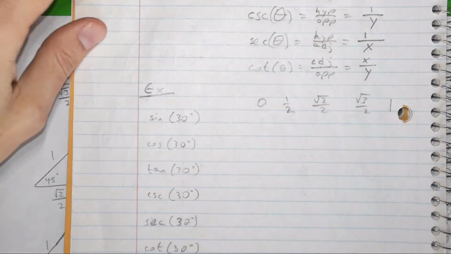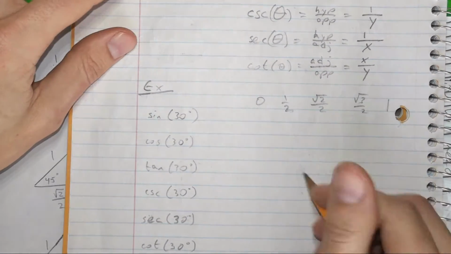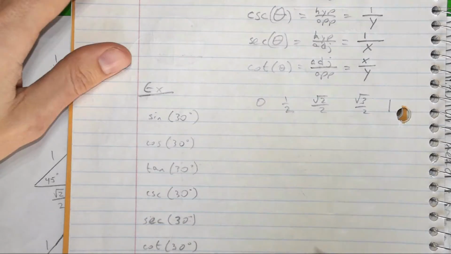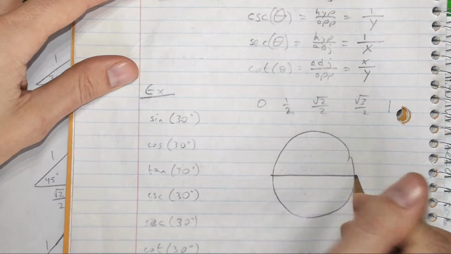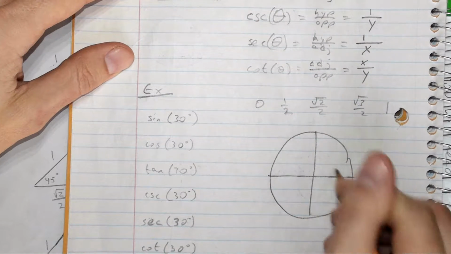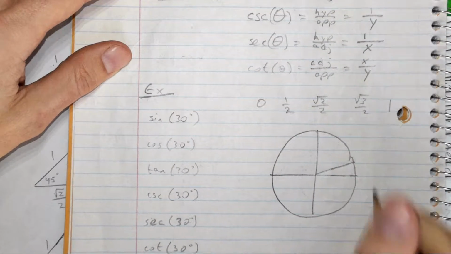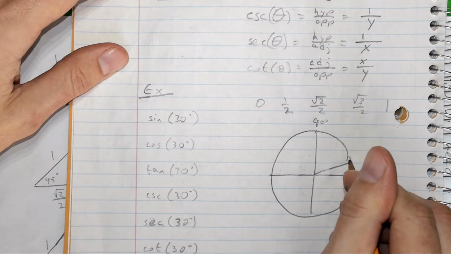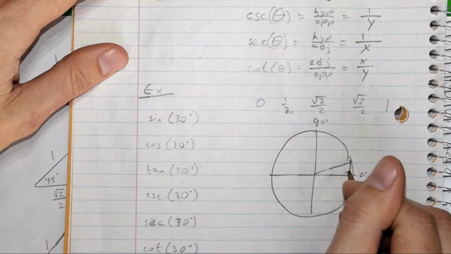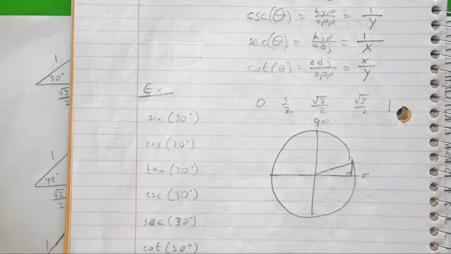Okay, in that order. So the angle here is 30 degrees. So first I draw a 30-degree angle. That's closer to 0 than to 90. Now I turn it into a triangle, and I look at the sides of my triangle.